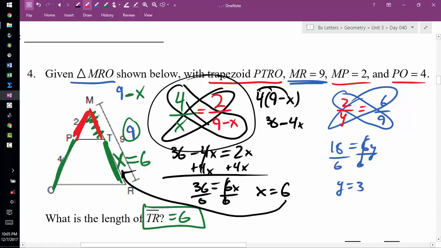We didn't know what this piece up here was. All we knew is that it was the whole take away that piece. We knew it was 9 minus x. So when we solve for x, it's telling us that piece TR is really 6. So pick and choose whichever one worked for you. Go with that one. If you're not sure, ask me a question. I'll clarify for you.